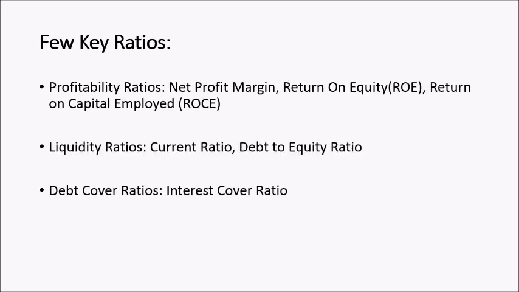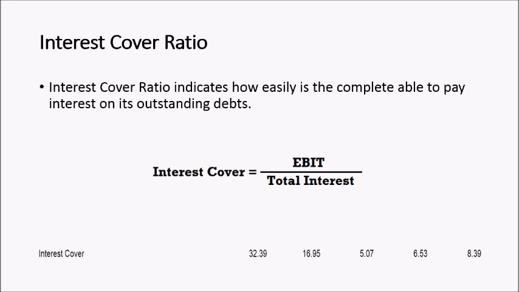Next, under debt cover ratios, the most important ratio is interest cover ratio. What is interest cover ratio? Interest cover ratio indicates how easily the company is able to pay interest on its outstanding debts. It is obtained by dividing EBIT by the interest on loan. If the interest cover ratio is X, this indicates that for every X rupees revenue, the company has to pay 1 rupee as interest on loan.